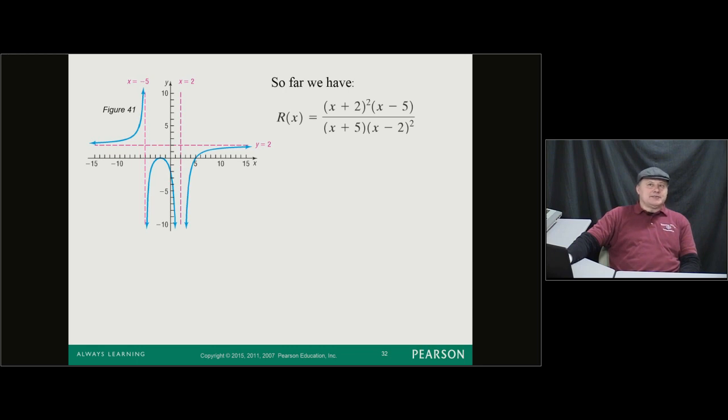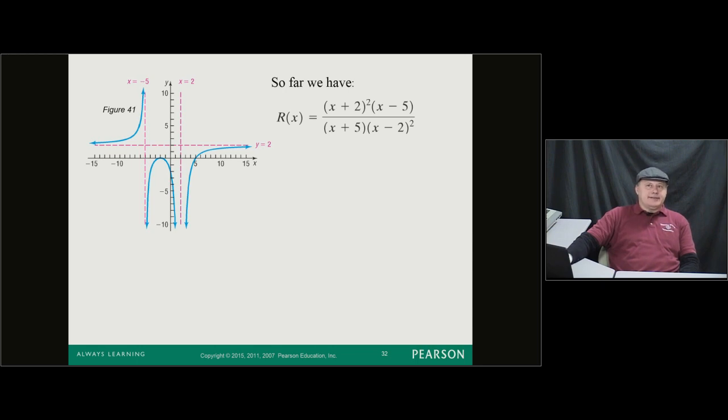If you want to know why one of them is squared and the other is not, the one that's squared is where it went in the same direction. It's kind of like bouncing on the x-intercepts. If the x-intercept bounces, it has an even multiplicity. When the graph goes the same direction on a vertical asymptote, it's got the same even multiplicity. Now I want you to notice what we have so far.